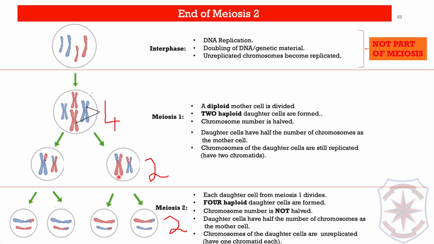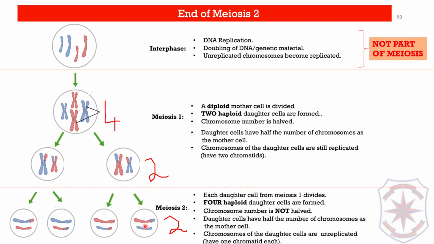So at the end of meiosis 1, we have 2 chromosomes. And then at the end of meiosis 2, we also have 2 chromosomes. But these chromosomes are unreplicated. They are unreplicated chromosomes. They are not just chromatids.